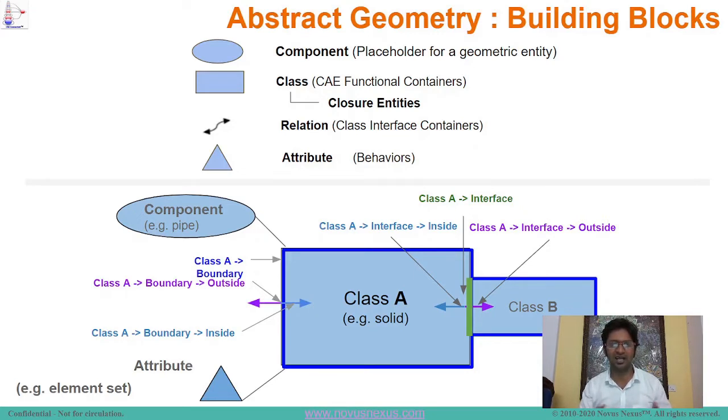For example, an element set related attribute, we specify or attach it on a solid class. Similarly, a mesh related attribute or a contact related attribute, we can specify on different classes based on the requirement. So this is what we had seen in the first session.